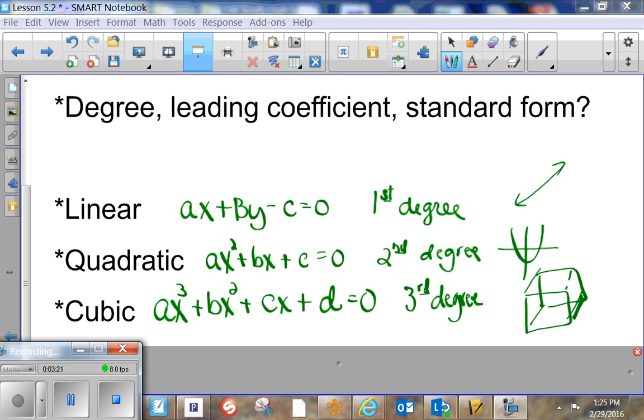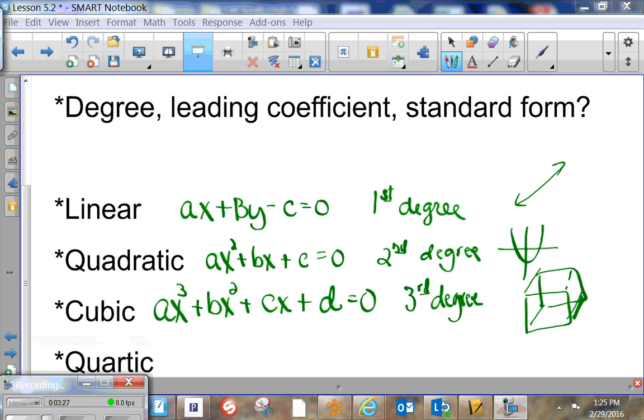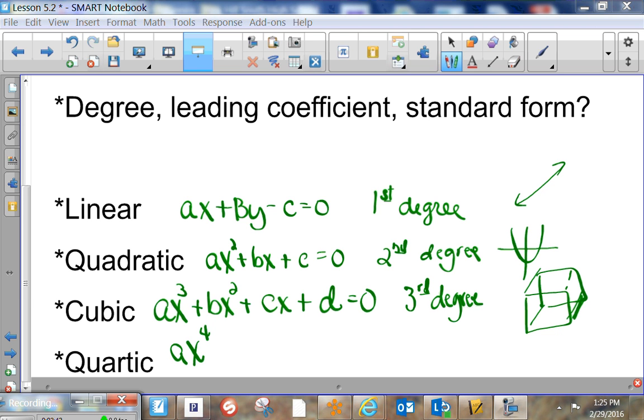And it will be starting in the x cubed. Anybody want to make a gander what x to the 4th is? I mean, it even talks about this. Quartic. That's right. It's a quartic. Q-U-A-R-T, quartic. You can think of 4 quarts to a gallon, 4 quarters in a dollar. That would be ax to the 4th.